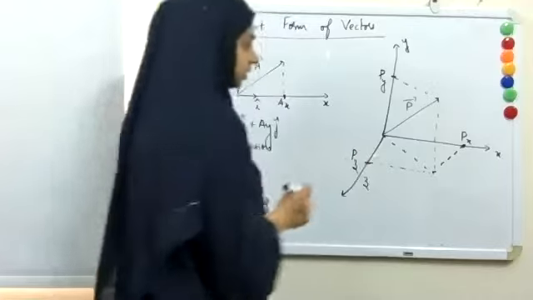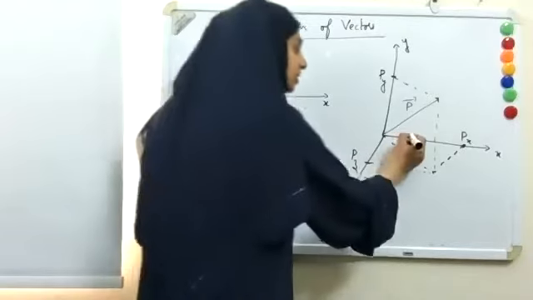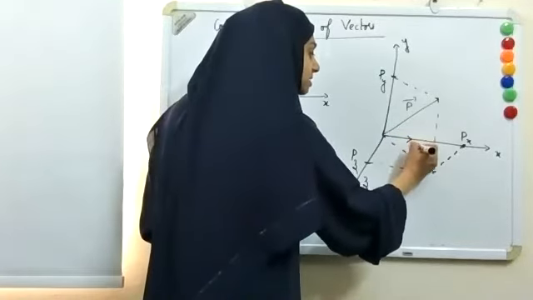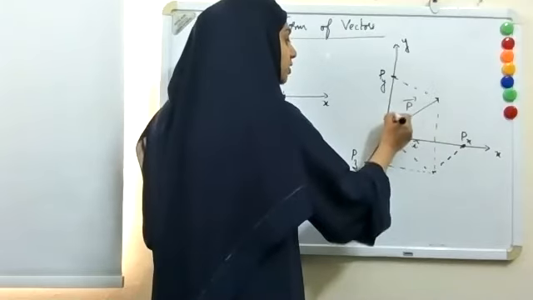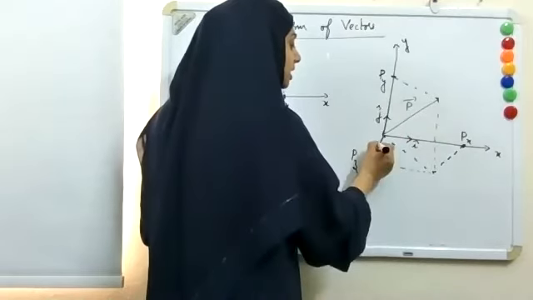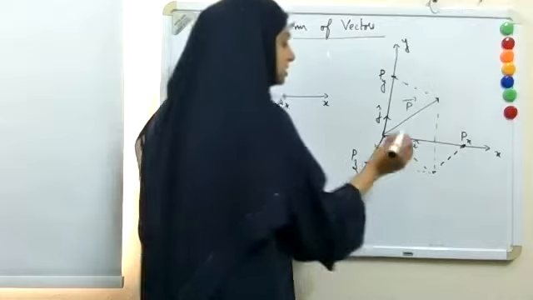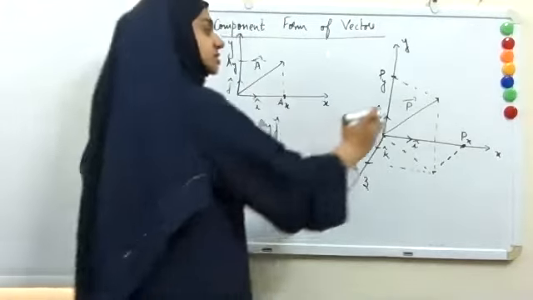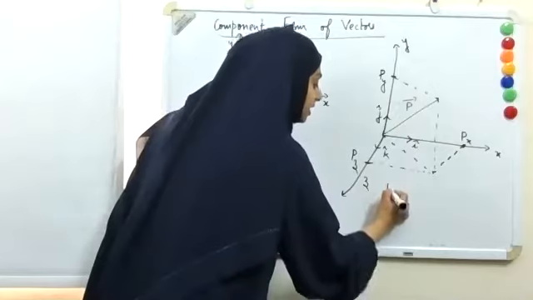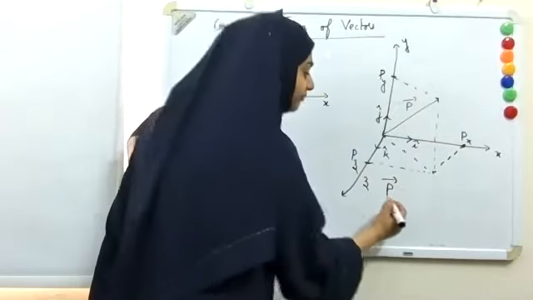Pz. So we know that along the x direction the unit vector is i, along the y direction it is j, and along the z direction it is k. So I can represent this vector P in 3-dimensional coordinate form.